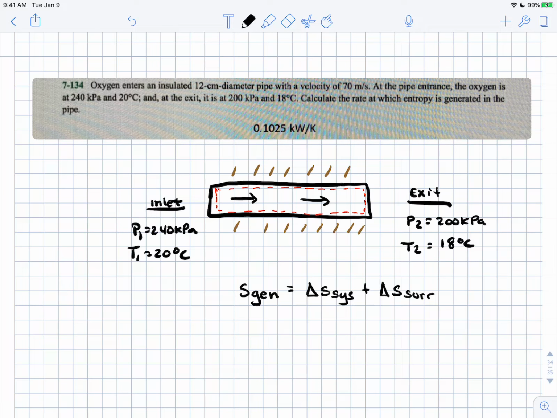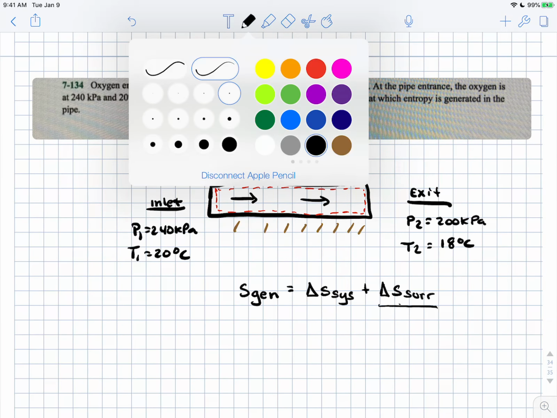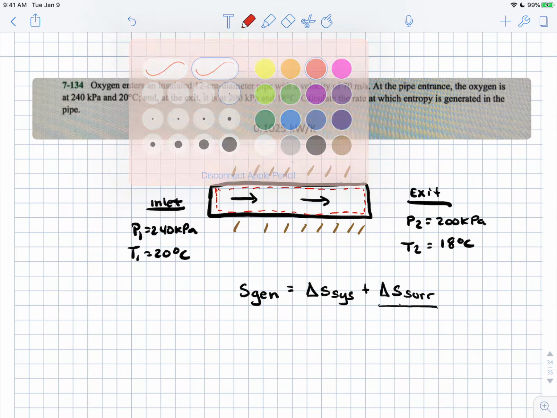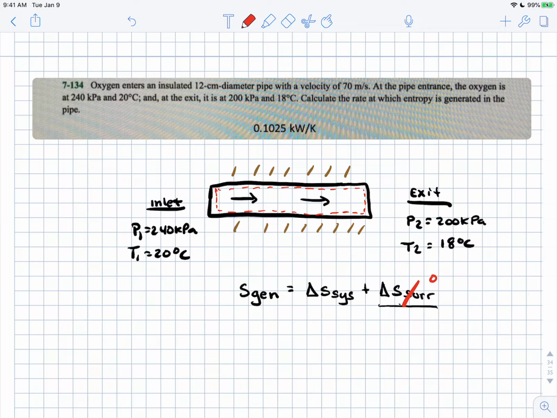Looking at the amount of delta S to our surroundings, knowing that there's no heat transfer to our surroundings, and no mass entering the surroundings through the sides of this pipe, we can say that the entropy generated through the sides of this is negligible.